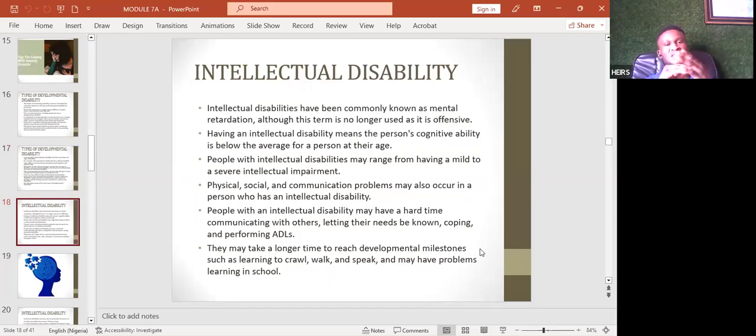Now, intellectual disabilities, we've known them commonly as mental retardation, although this term is no longer used because it is kind of offensive. When someone is mentally retarded, the first thing that comes to my mind is mad. Like he's mad. So although it's not really far from it, but we don't want to use mental retardation because it's kind of offensive and too harsh.